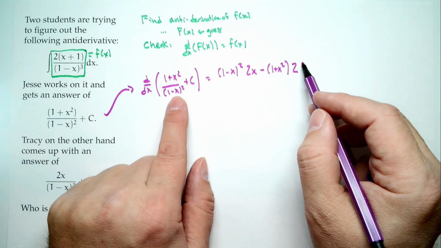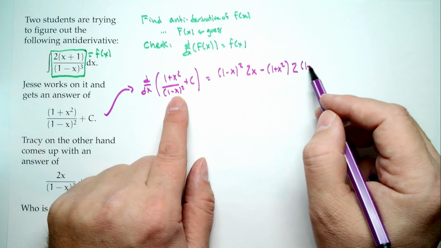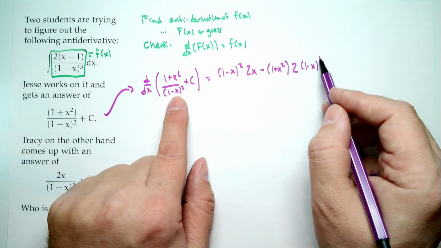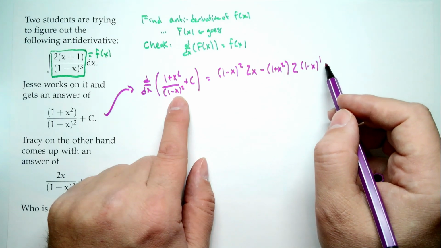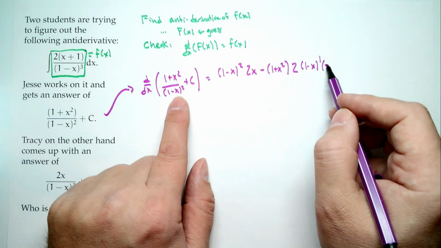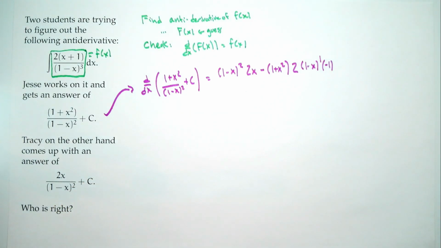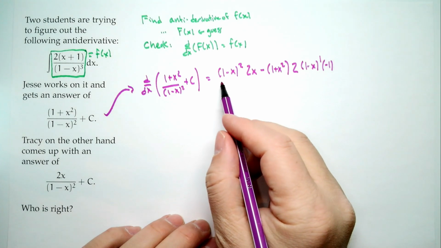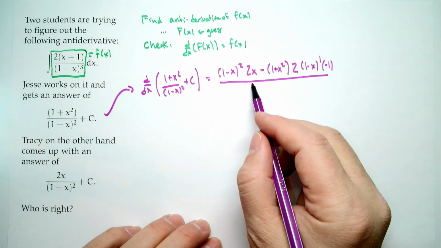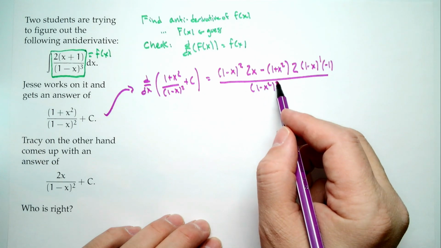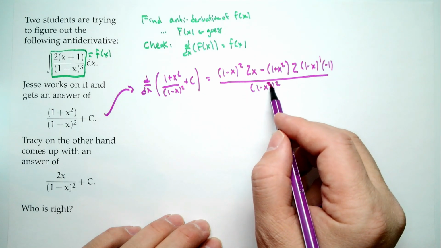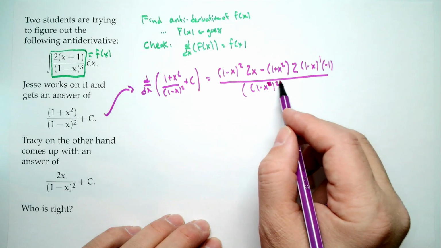2 times 1 minus x to the 1 times negative 1. Because you need to remember it's a chain rule. The 2 comes down, 1 minus x to 1 less power times the derivative of 1 minus x, which is negative 1. Now all of this is divided by 1 minus x squared, sorry, that's just 1 minus x quantity squared, and that's squared.